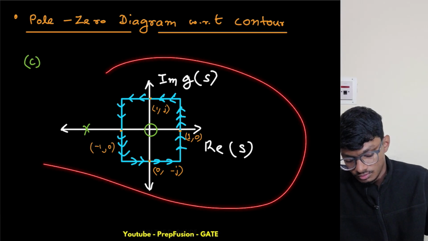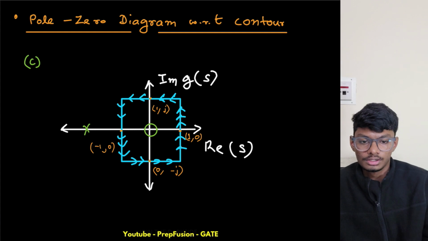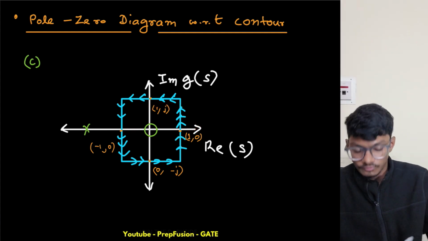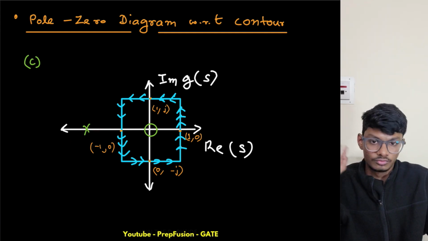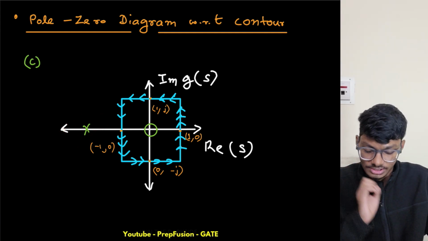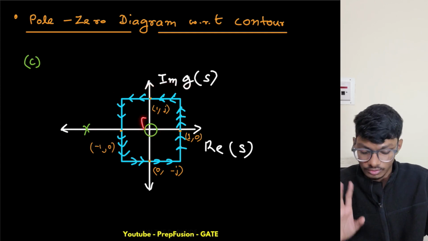Now what about my C? Again, 0 is lying inside this contour, so due to the 0 we'll get one mapped contour itself. This pole is lying outside, so we won't get any contour due to this one, and obviously the direction of rotation will be anti-clockwise itself, due to this 0.